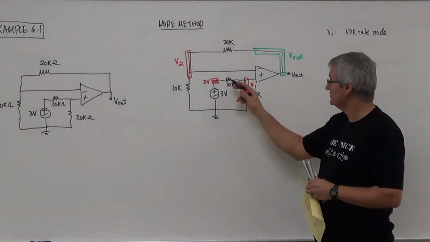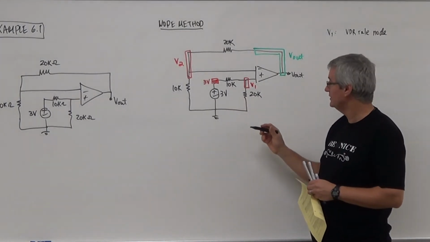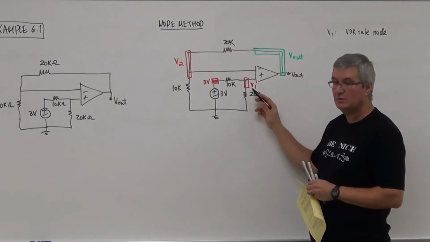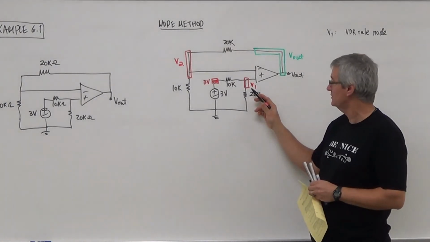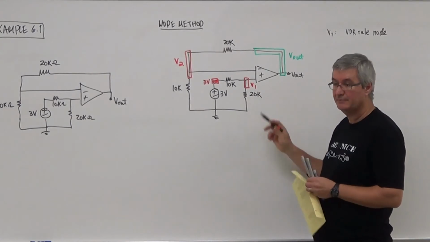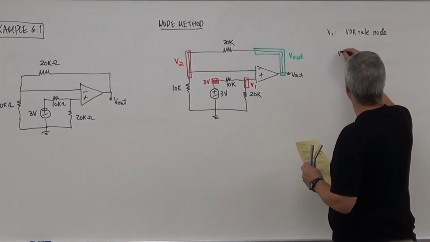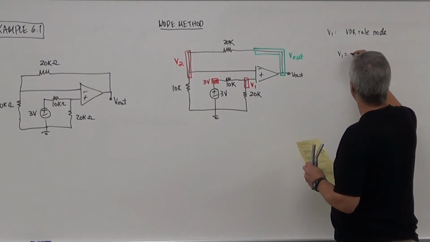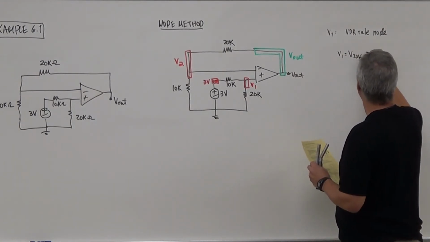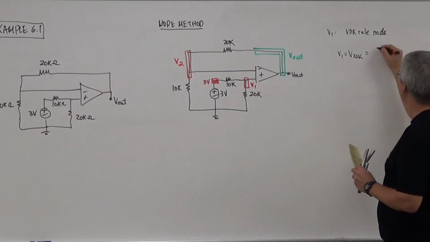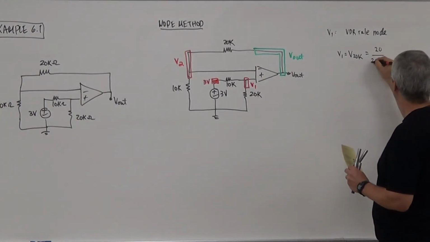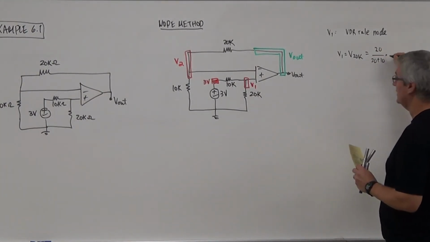If I use the voltage divider rule, V1 is the voltage across the 20K, so it's 20 over 20 plus 10 times the voltage, 3 volts.